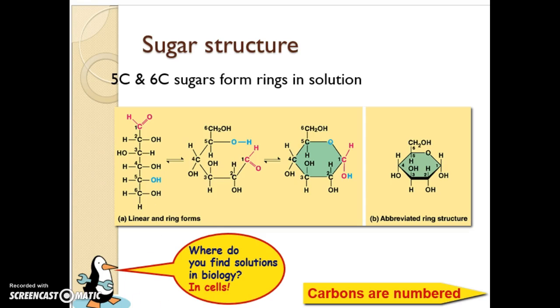So the glucose ring is formed when this molecule is placed in solution, and the oxygen on carbon number 5 links with the carbon that's part of the carbonyl group here on the end at carbon number 1. What happens is this hydrogen on the hydroxyl for the 5th carbon gets transferred over to the oxygen at carbon 1.